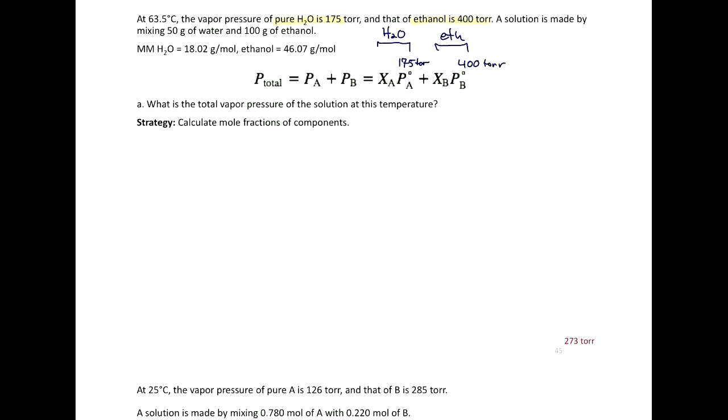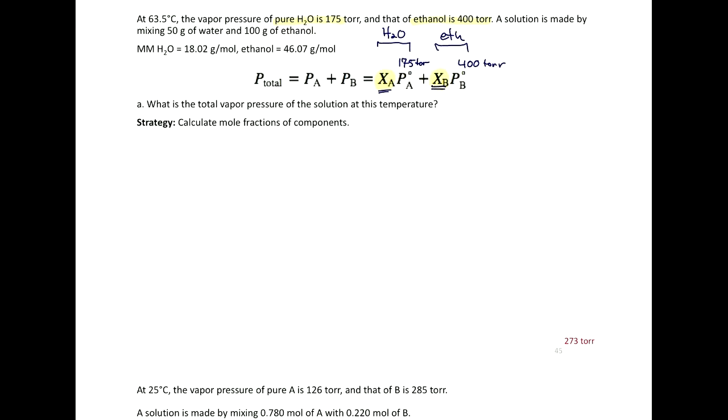Basically our strategy is we need to figure out how much of this mixture is A in mole fraction, how much is B in mole fraction, and then just use Raoult's law: multiply, add them up. Okay, so how do you think we will calculate mole fraction? Convert. We are given the information in grams, so we have to convert everything to moles.